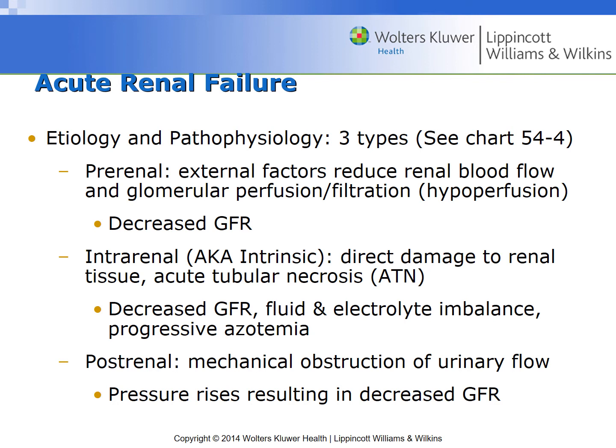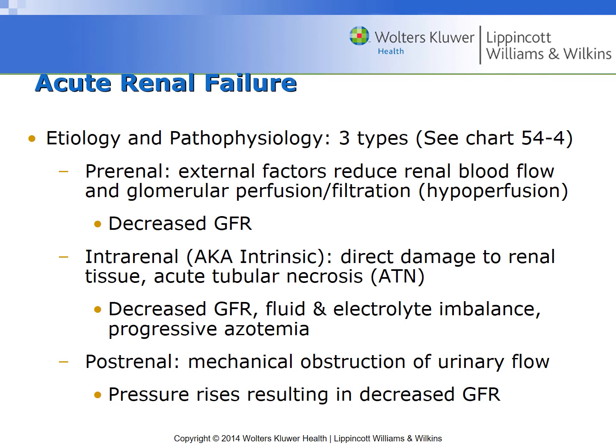Mean arterial pressure is related to your cardiac output times the peripheral resistance, and it's got to be at least 65 millimeters of mercury for organs to be perfused.